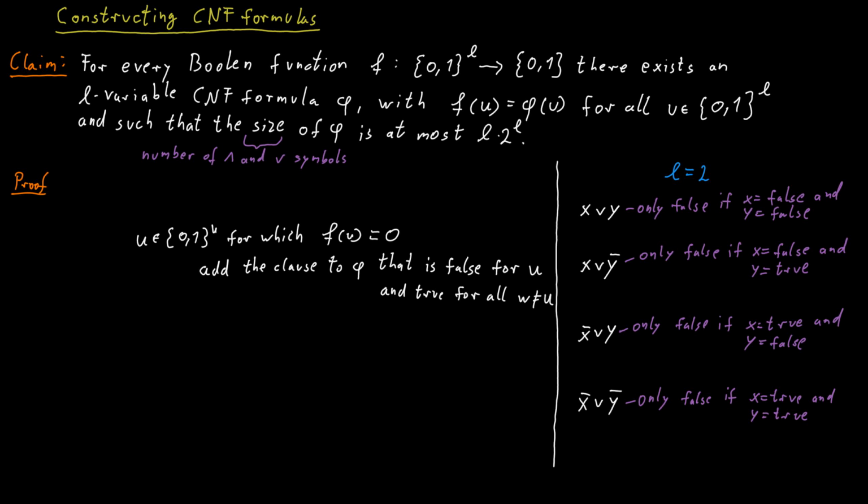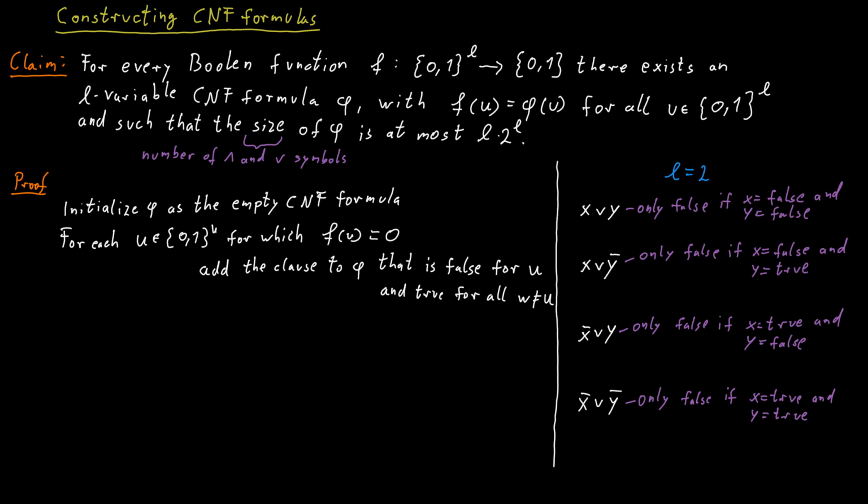Due to our previous observation, we know what such a clause would have to look like. So we add that clause to our CNF formula. And we continue to do this for all inputs u for which f of u is equal to 0. What we end up with is a formula phi that is 0 exactly when f is.